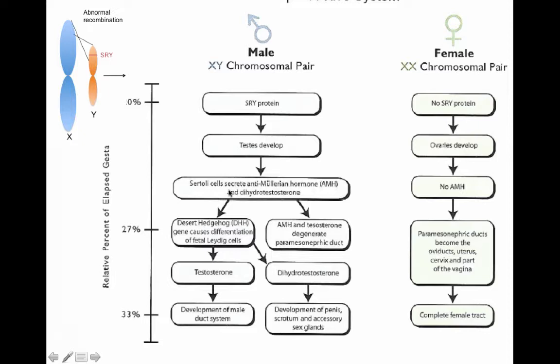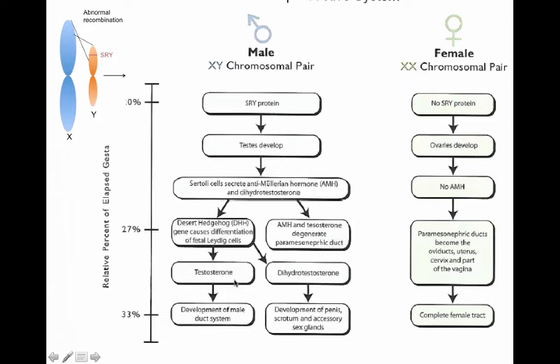That's going to result in Sertoli cells and their production of anti-Müllerian hormone and dihydrotestosterone. Both of those are going to be secreted in a pretty quick pulsatile fashion, and those are going to end up being cleaved into the testosterone chemical that we know, and dihydrotestosterone as well.